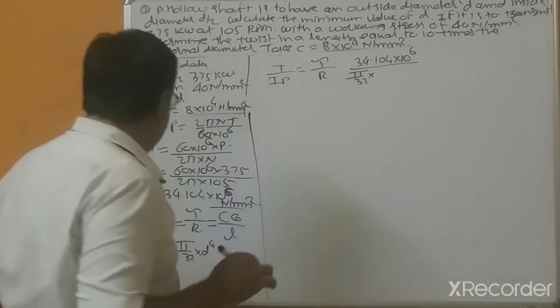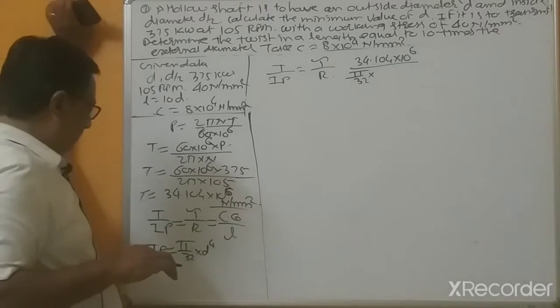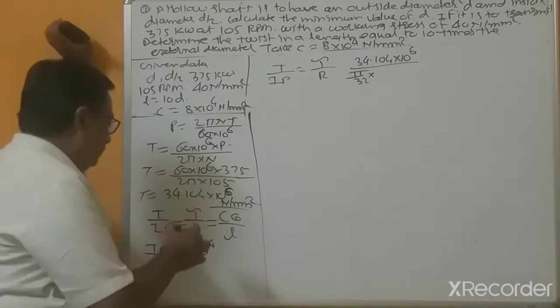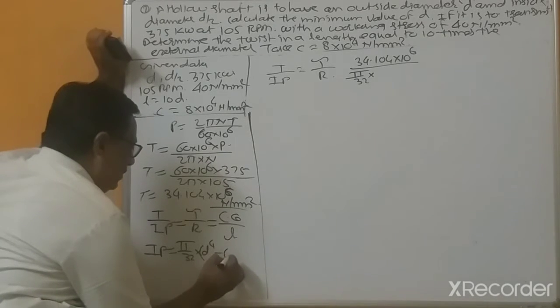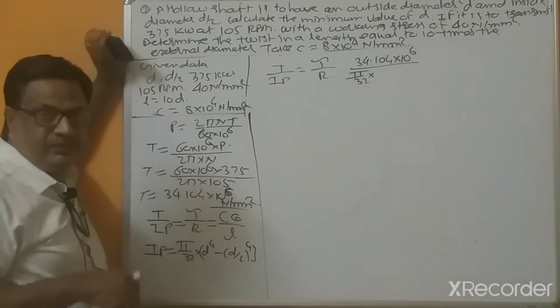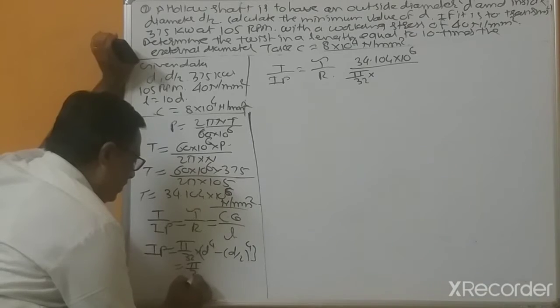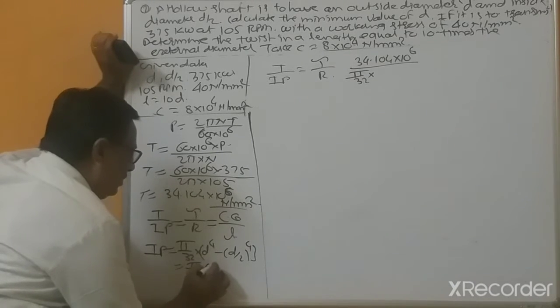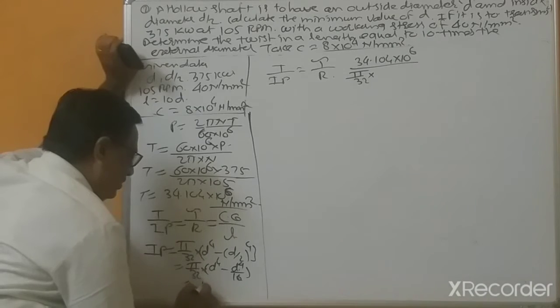Here, this is the inside diameter, D by 2 raised to 4. So this relation is given: pi by 32 d raised to 4, and this is d raised to 4 divided by 16.